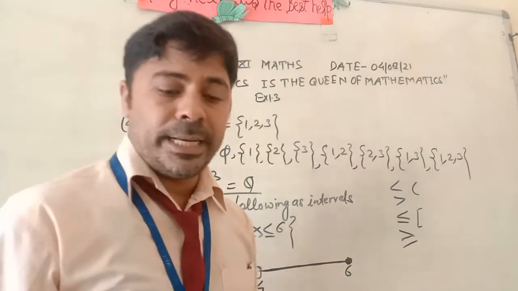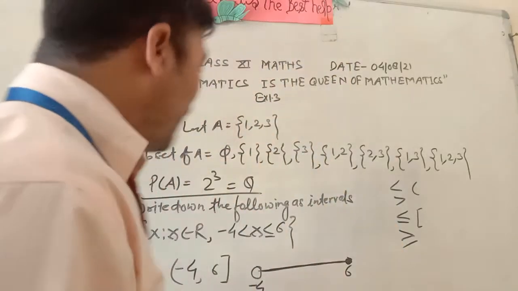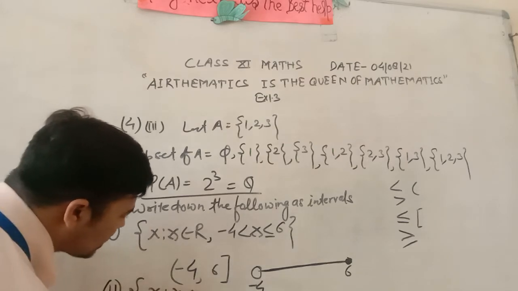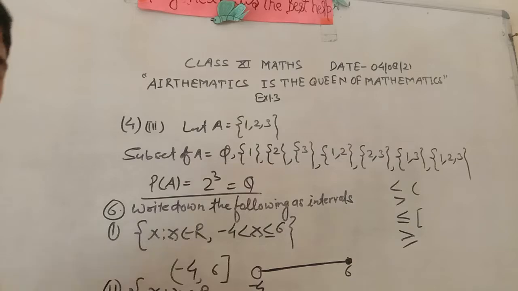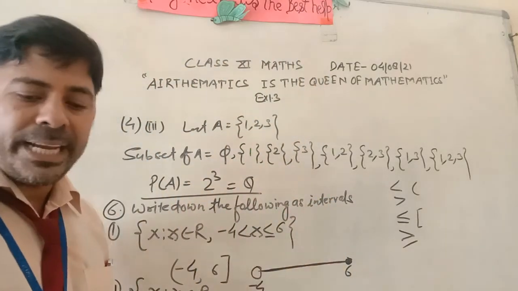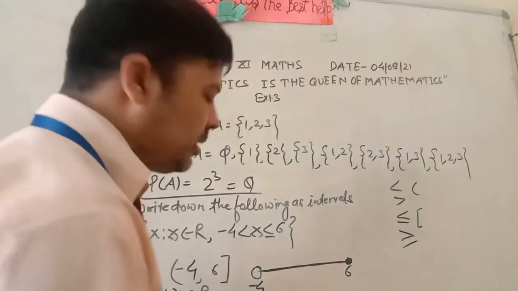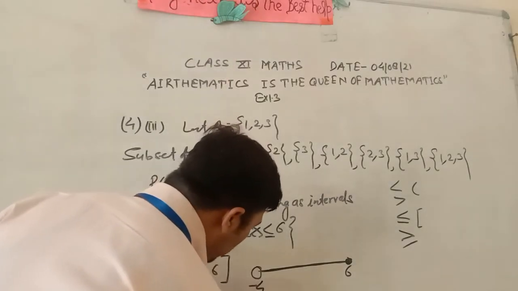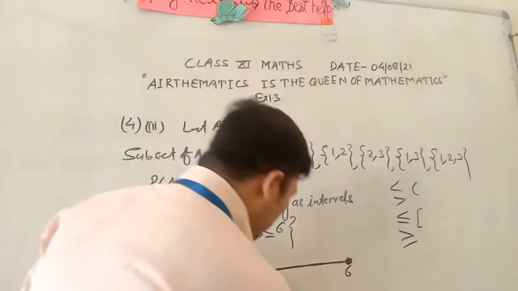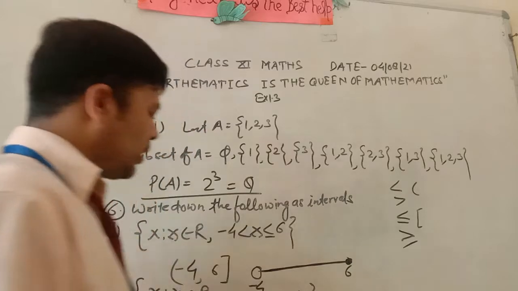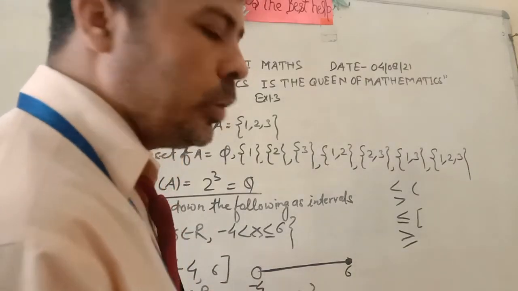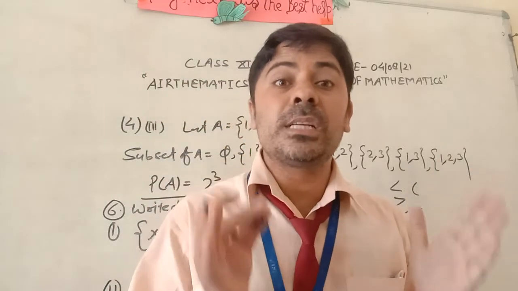Now we move on to another part. This is the second part. It is given that x is such that x belongs to the real numbers, and where x lies between -12 and -10. If you see the question, there are two strict inequalities.